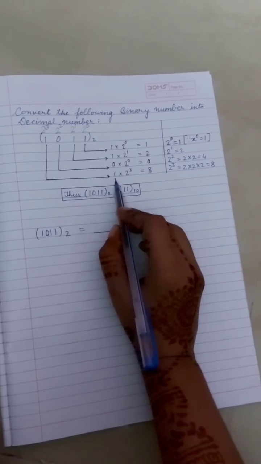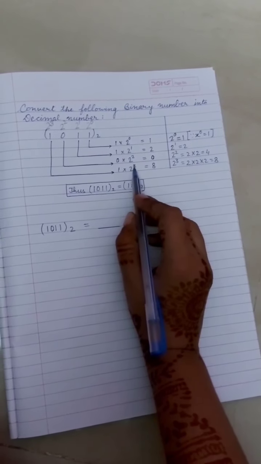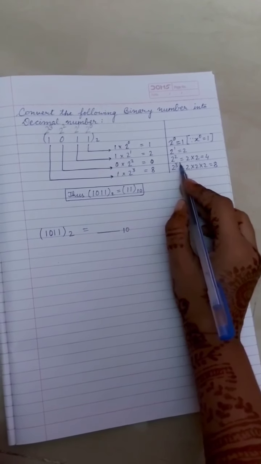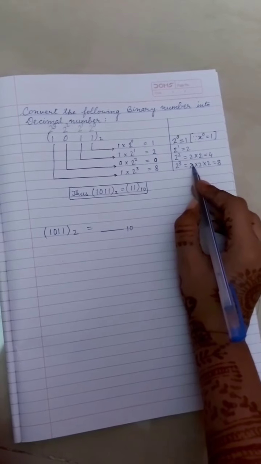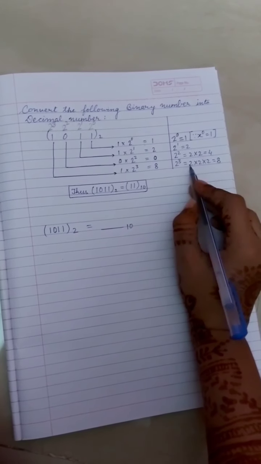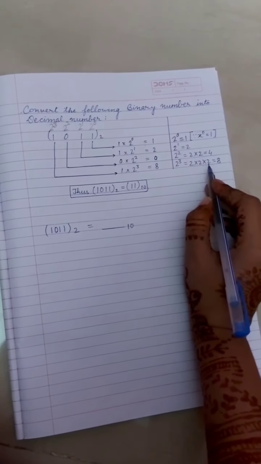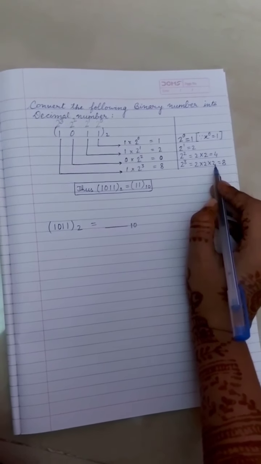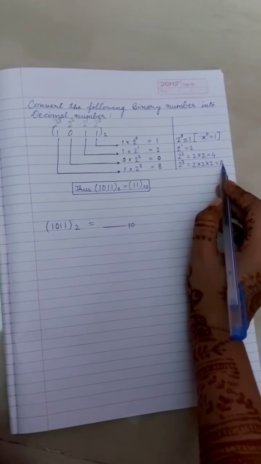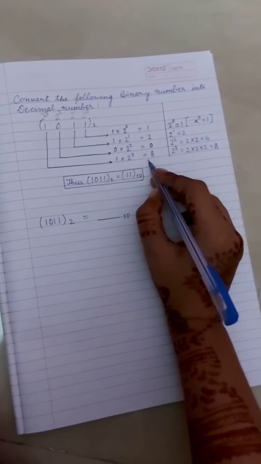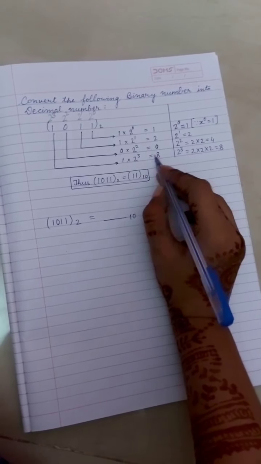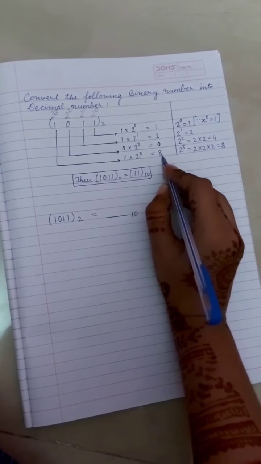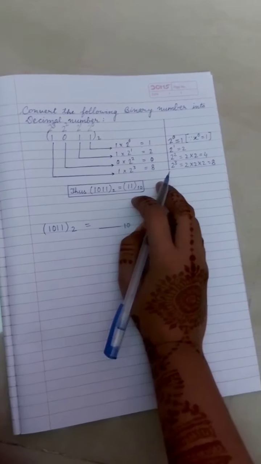Next, 1 into 2 raised to 3. 2 raised to 3 is 8: 2 into 2 means 2 2s are 4, 4 2s are 8. So we will write here 8. 1 into 8 will be 8.